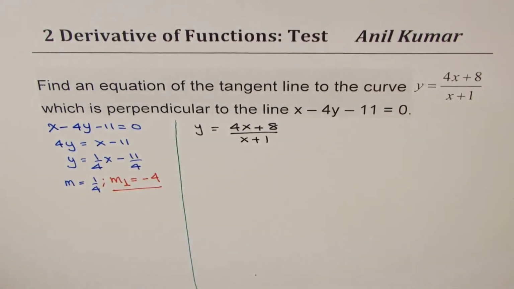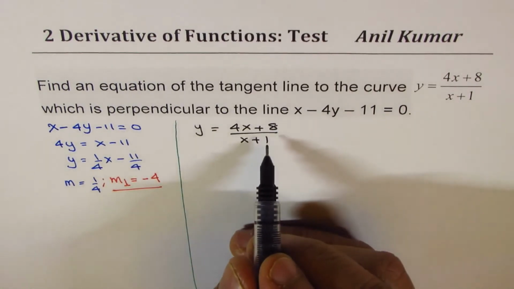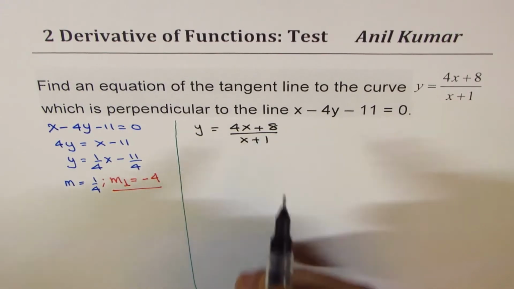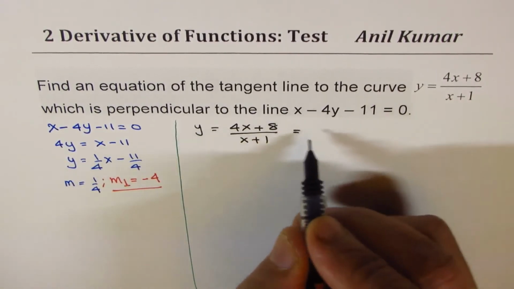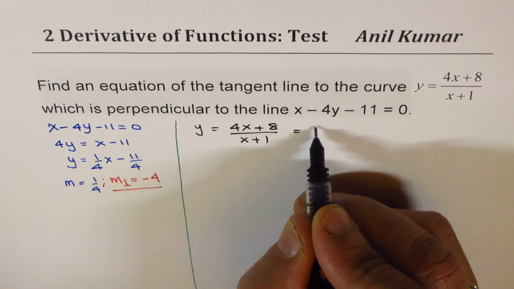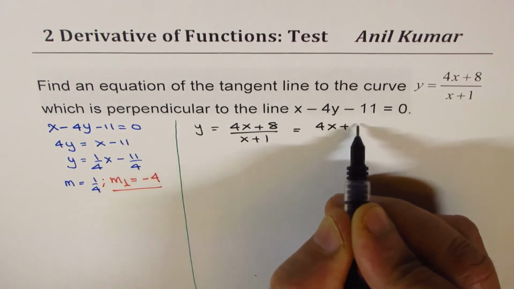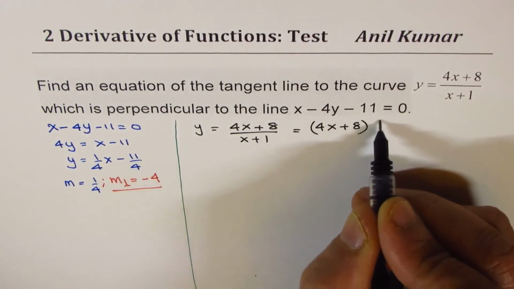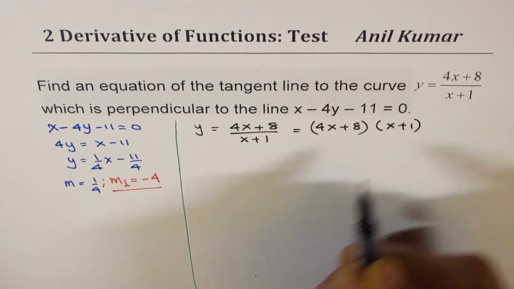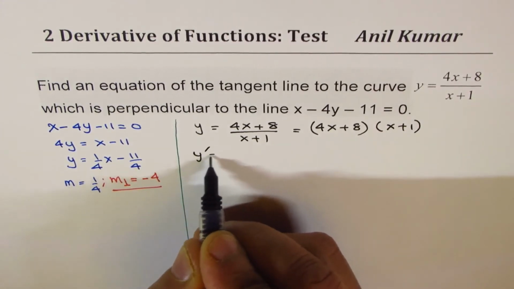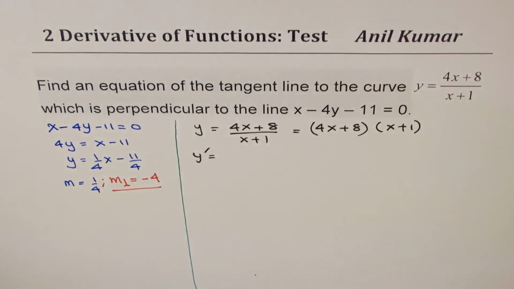Now since some of my students have only done the product rule and haven't done the quotient rule, I'll rewrite this as a product of two factors, 4x plus 8 and (x plus 1) to the power of minus 1, correct? Now we'll find the derivative using the product rule.